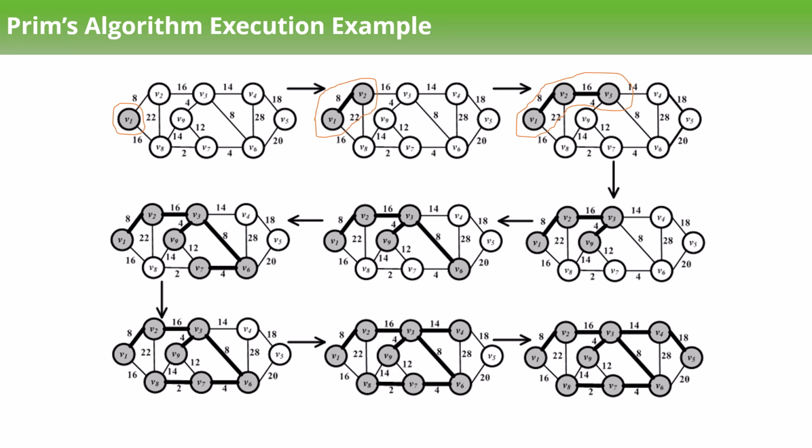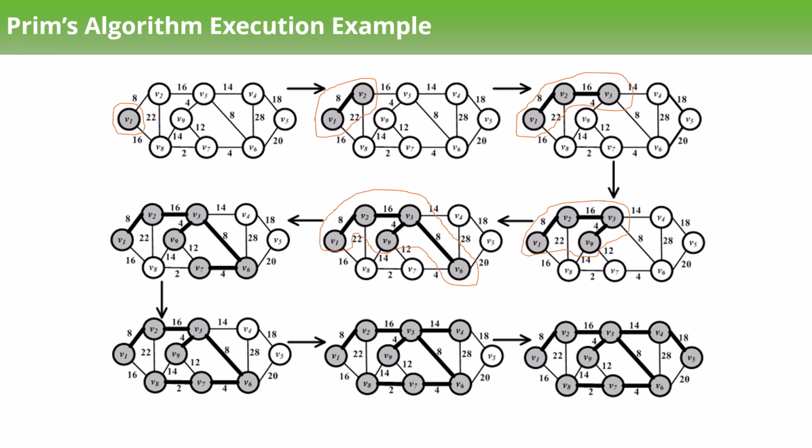Next, from V3 we have to select the minimum edge. So V3 to V4 is 14, V3 to V6 is 8, V3 to V9 is 4. So the minimum cost edge is 4. So select the vertex V9. Okay.